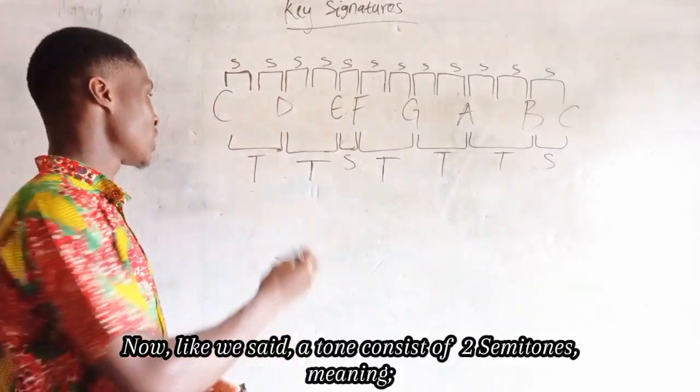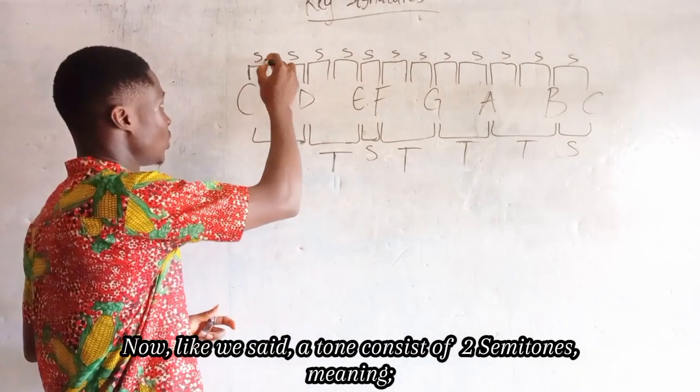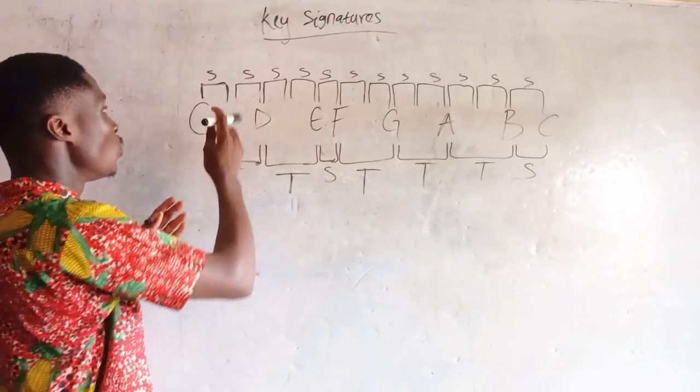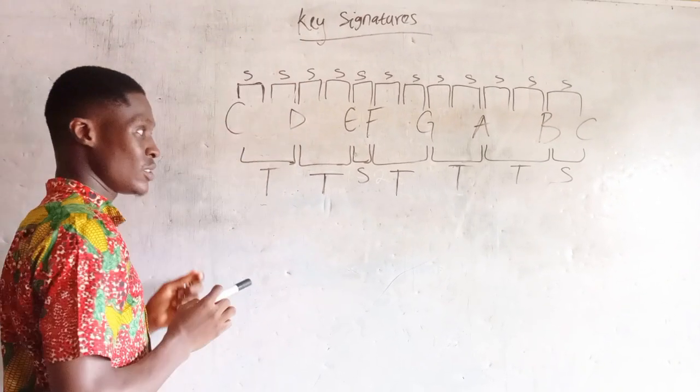Now, like we said, a tone consists of 2 semitones, meaning 1 semitone plus 1 semitone, that is 2, will lead us from C to D, as we have seen illustrated here.